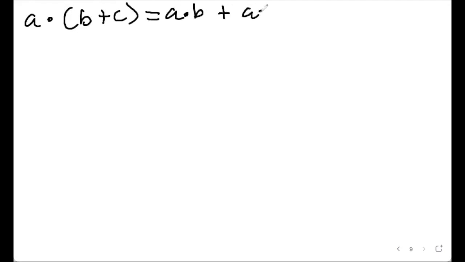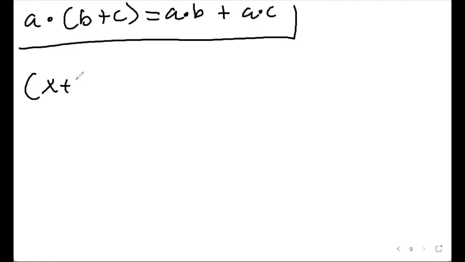Here's the third explanation. Do you remember the formula for distributing? This is it right here. Can we use this formula to do a problem like this? The multiplication sign is not necessary. I guess I'll erase it.